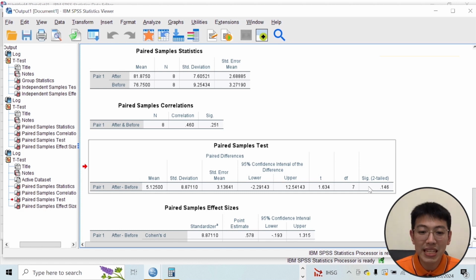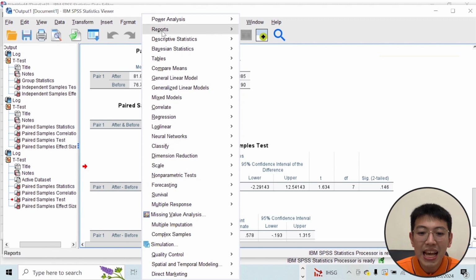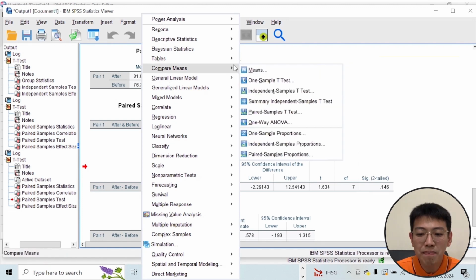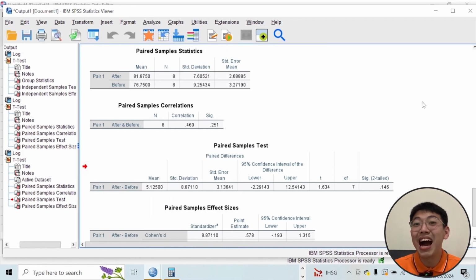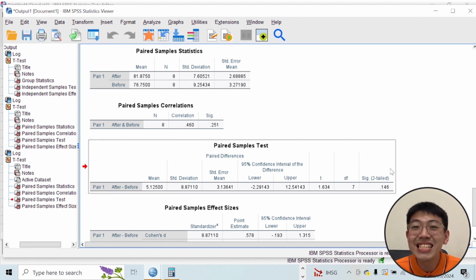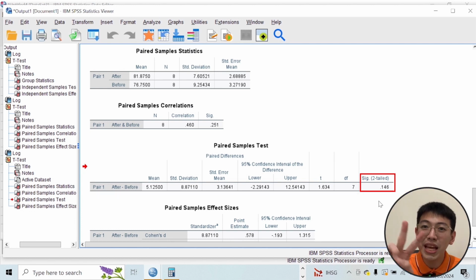The step will be the same: analyze, compare means, paired sample t-test, and the output will also be the same. To know whether we should reject or should not reject the hypothesis, see the p-value. But again, Sig. 2-tailed is the p-value for two-tailed.